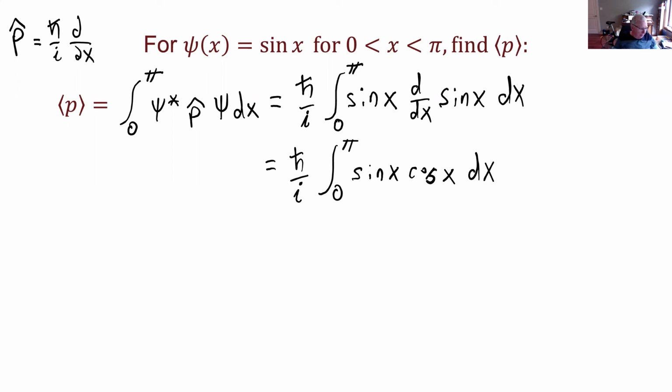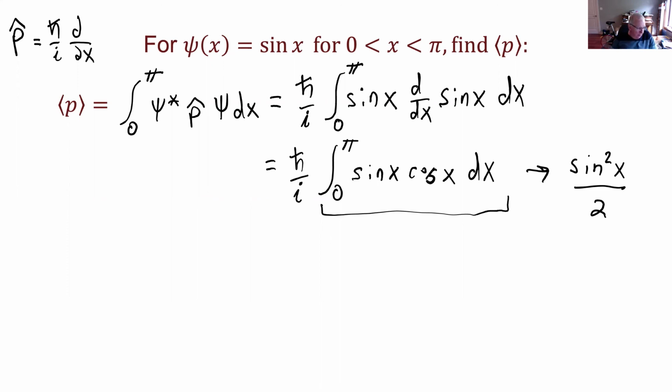Okay. If I take that integral, I will tell you that my notes over here tell me that this piece, the integral of sine of x cosine of x, will give me sine squared x over 2. Right, I'm integrating from 0 to pi.